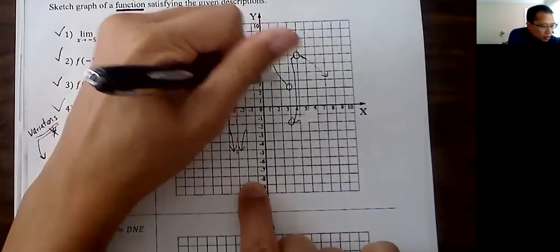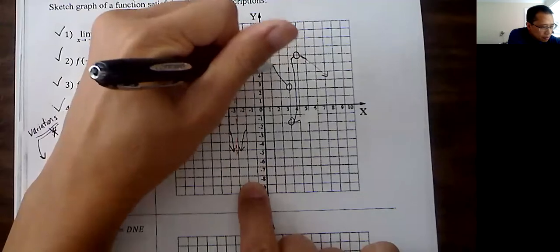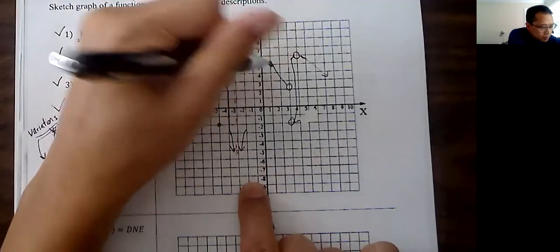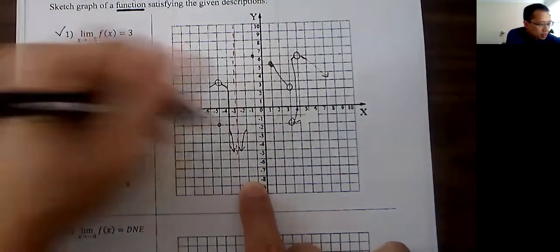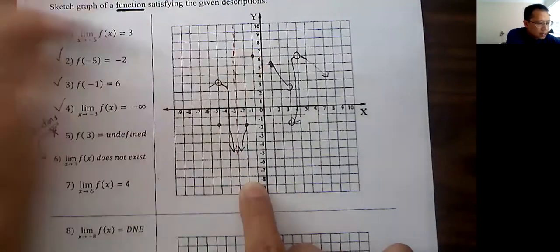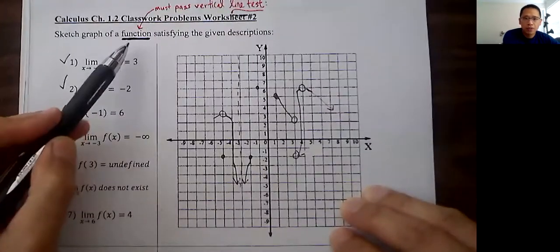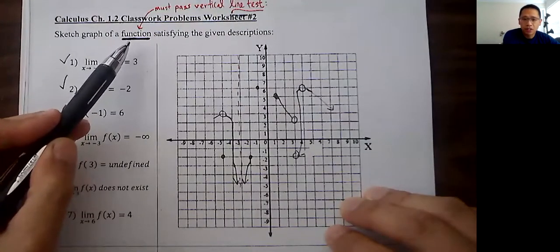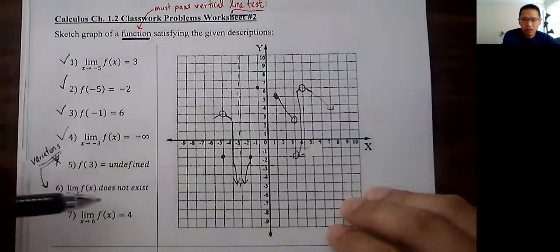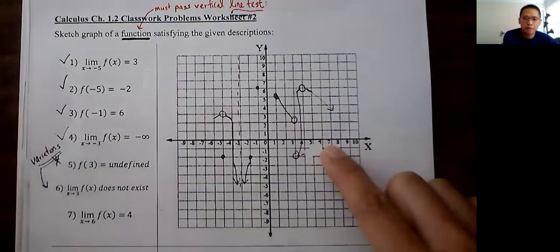I can either make it an endpoint, or I can have this continue on. If it's not described within these properties, I can, as long as I'm not conflicting with the fact that it needs to stay a function, have a lot of room for interpretation for what's happening in between.